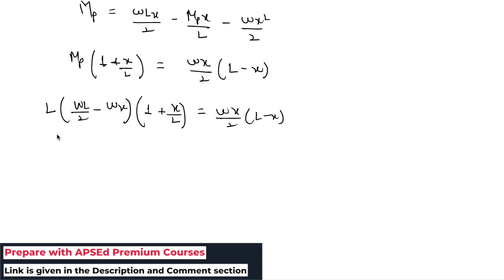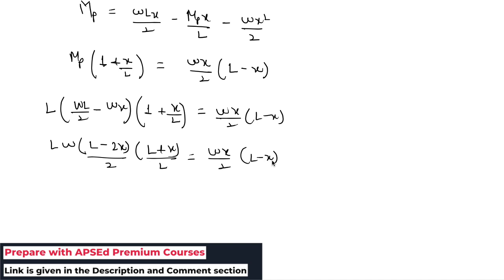Then if we further solve it, we have L times W, we can take out common and we can write it as L minus 2x upon 2 times L plus x by L is equal to Wx by 2L minus x. So this 2 will cancel out, and here this L will cancel out, and this W will cancel out.